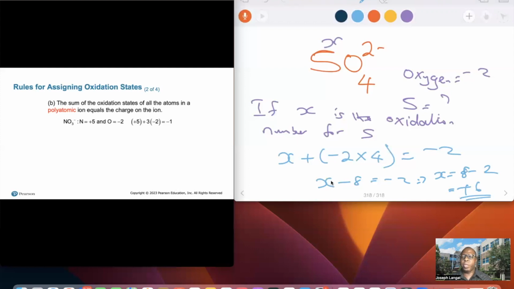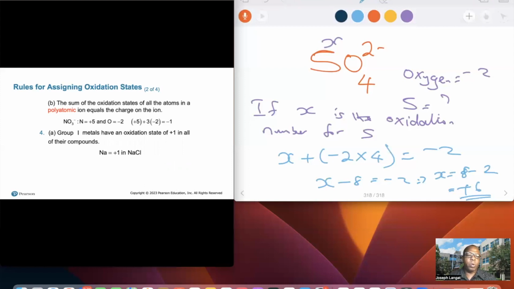You do the same thing for any other element you are given. Please learn the criteria by which you assign each element, and then you do the math. There are some common properties.